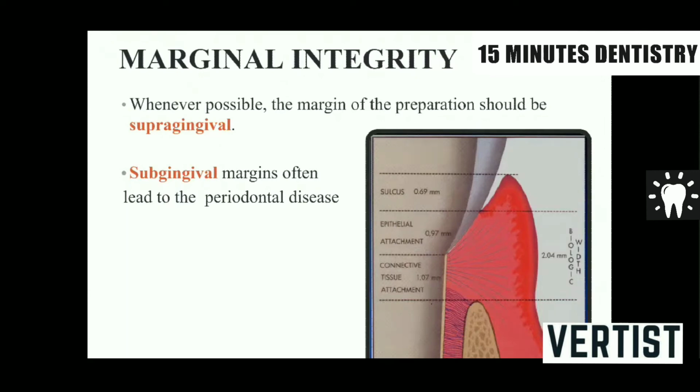For a dentist, it is easy to visualize, it is easy to capture in the impressions, and also it is easy to evaluate when the patient comes at the time of follow-up. But we cannot give this in all situations. At times, we may opt for equigingival margins or subgingival margins.